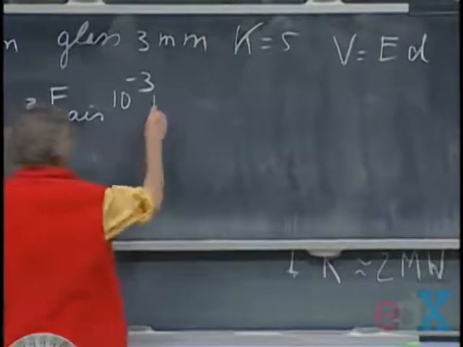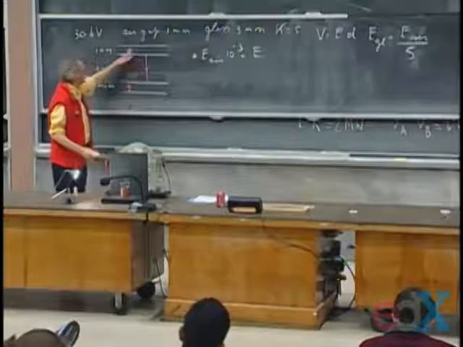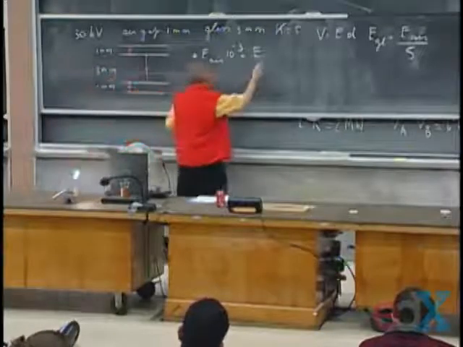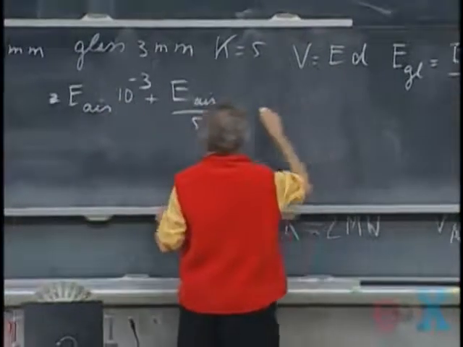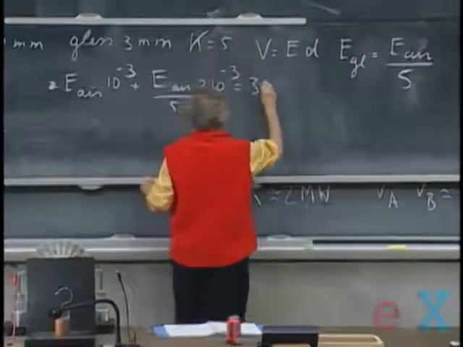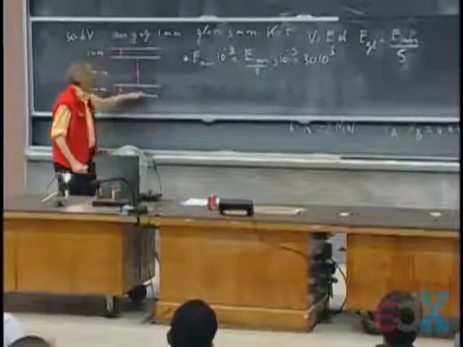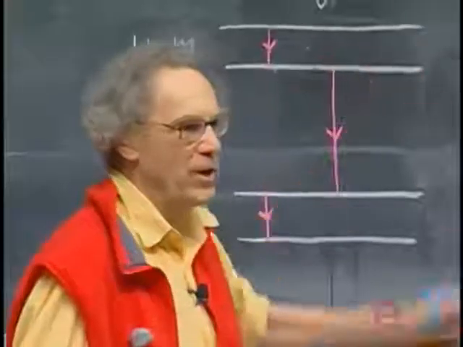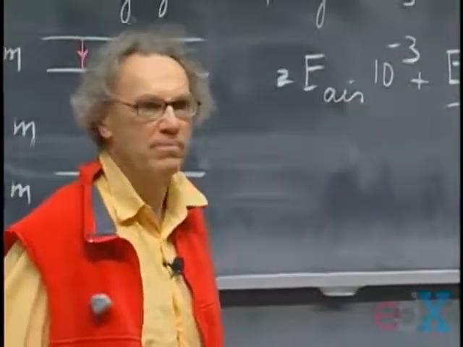And now I have to add the electric field in the glass, which is the same as air divided by 5, times its distance, which is 3 millimeter. And that must now be 30,000, because that's the potential difference between here and there. That's one equation with one unknown. And I can calculate the electric field in the air gap.